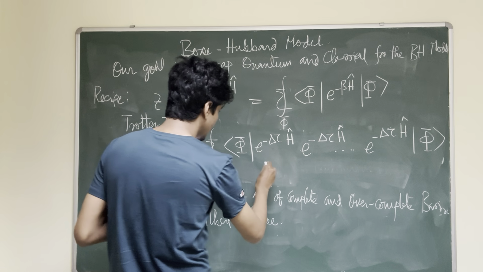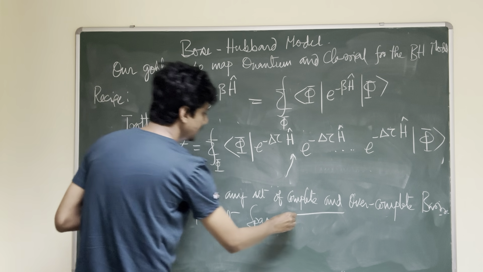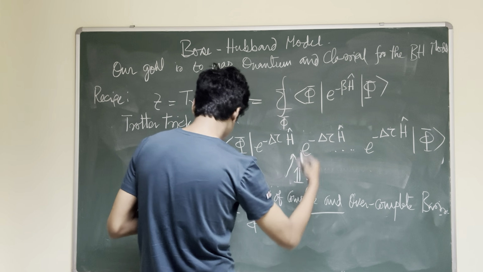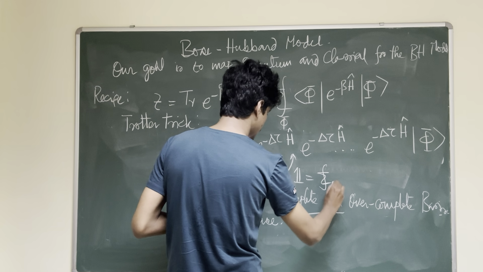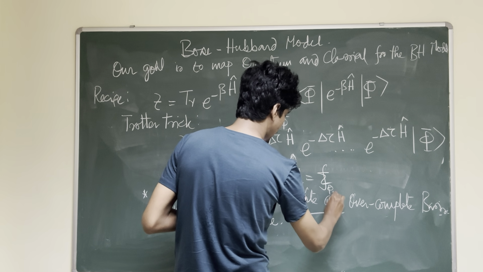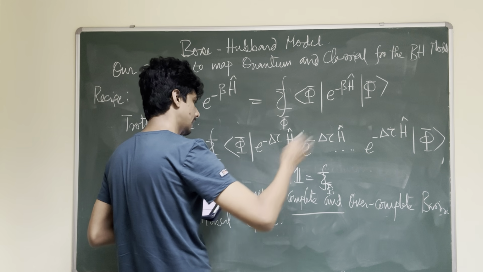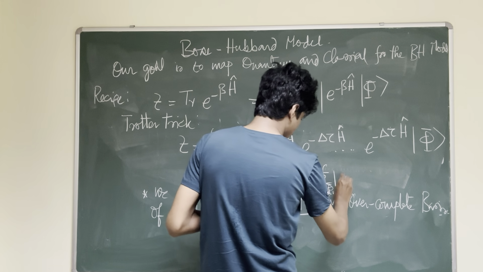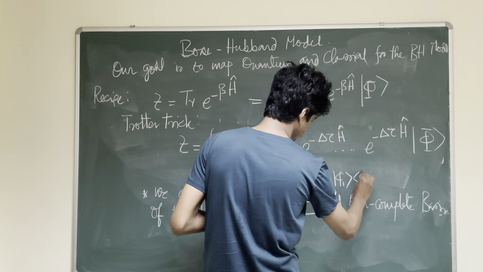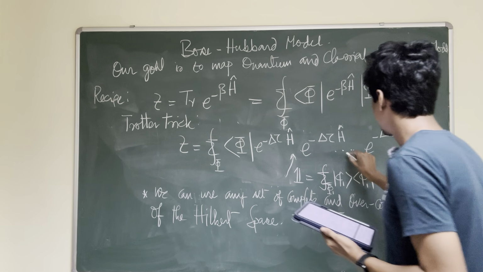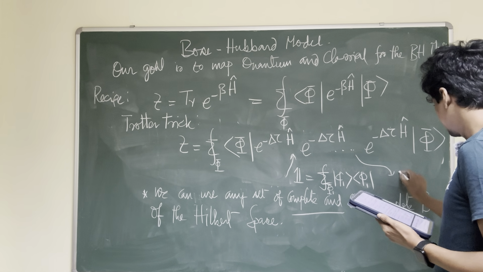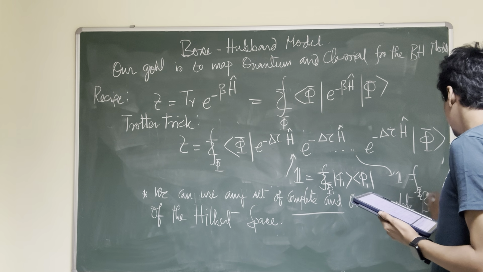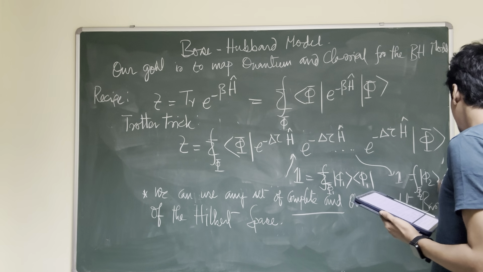In between you insert the complete basis I mentioned, and so this gives phi 1, and so on. You take this time slicing n times, slicing the imaginary time n times, with phi 1, then phi 2, and so on.